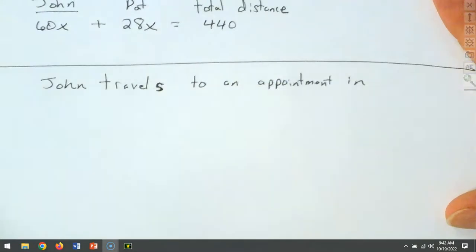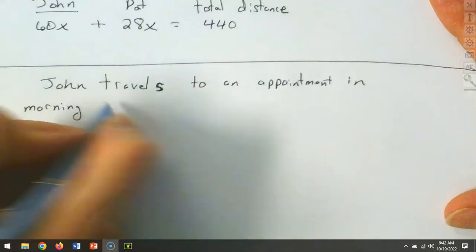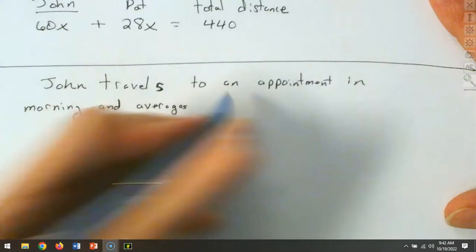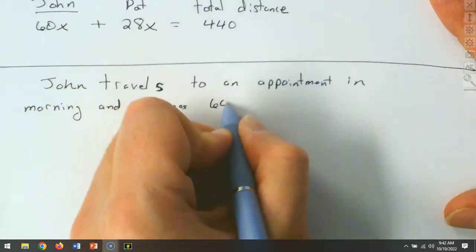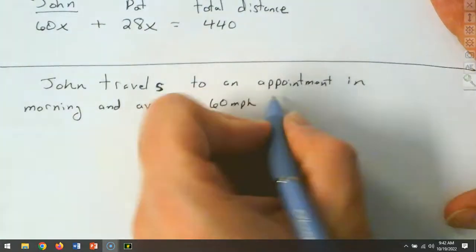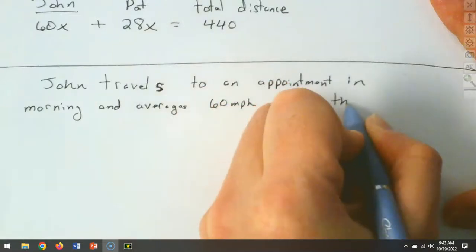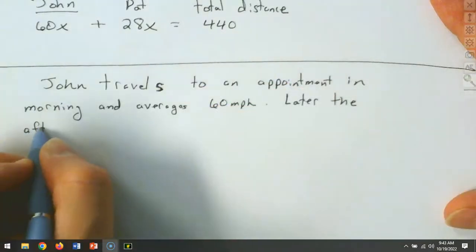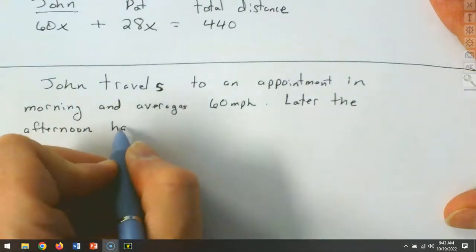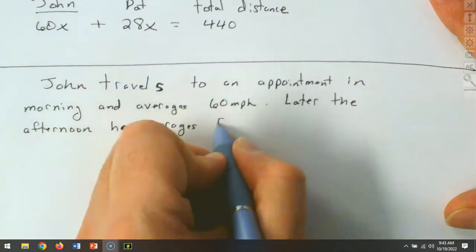So John travels to an appointment in the morning and averages, let's say, 60 miles an hour. Later in the afternoon, he averages 50 miles an hour.